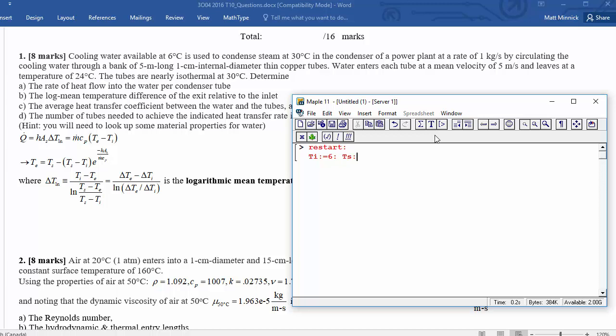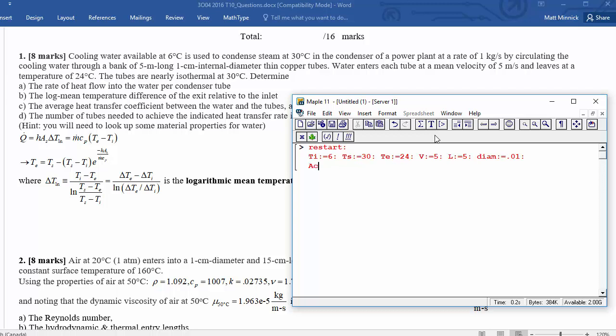The surface temperature is equal to 30. The exit temperature is equal to 24. We know the water entering, the flow rate of the water is 5, and we know the length is 5 meters. The diameter is 0.01, so capital D is a reserved term in Maple for the derivative, so we can't use that. We have to use a different symbol for that.